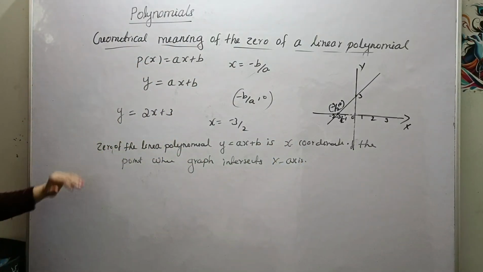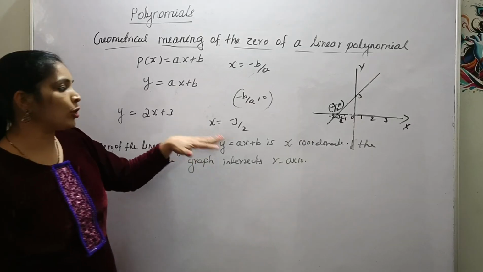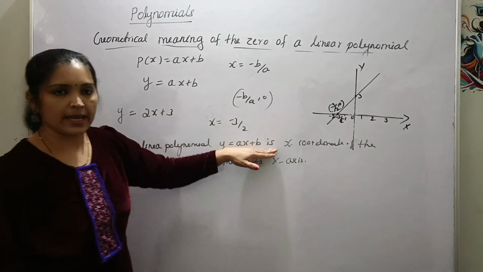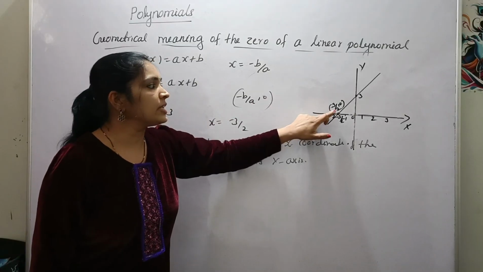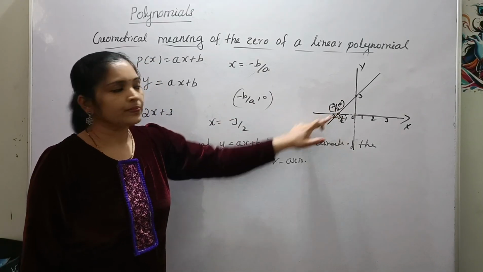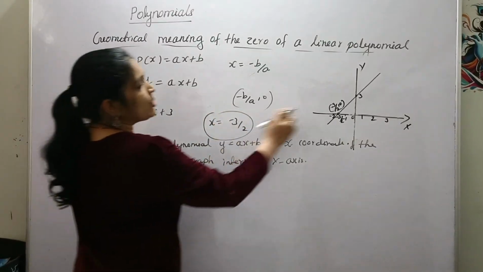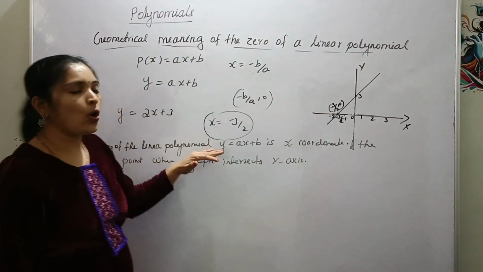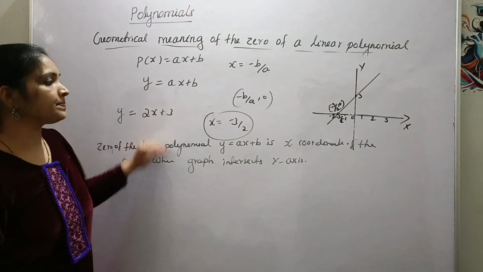That is, the zero of the linear polynomial y is equal to ax plus b is the x coordinate of the point where the graph intersects the x-axis. So here x is equal to minus 3 by 2 is the zero of the polynomial p of x is equal to 2x plus 3.